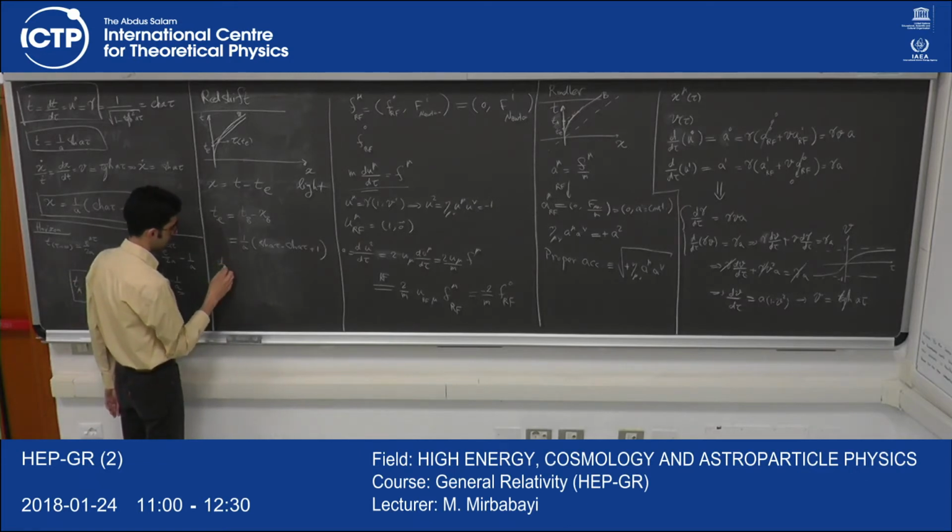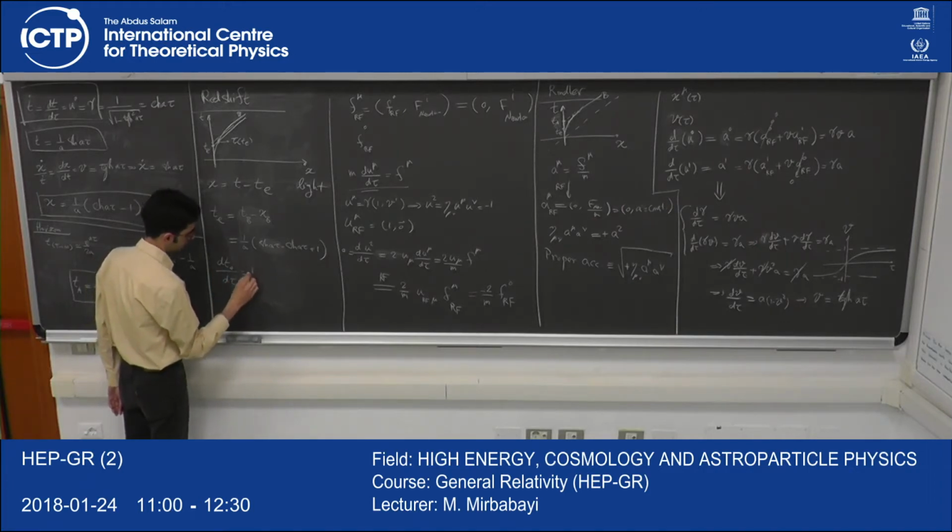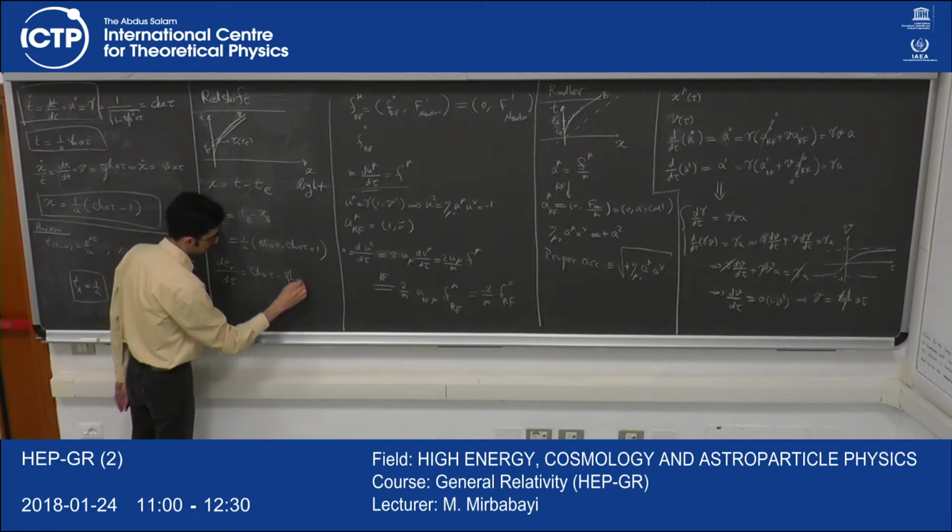And therefore dTE/d tau is equal to cosh eta minus sinh eta.